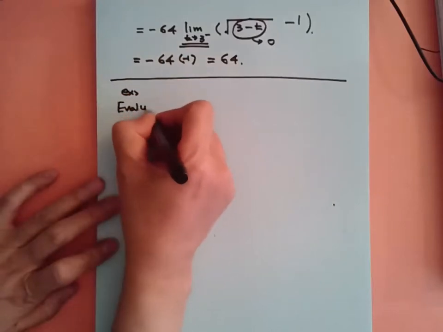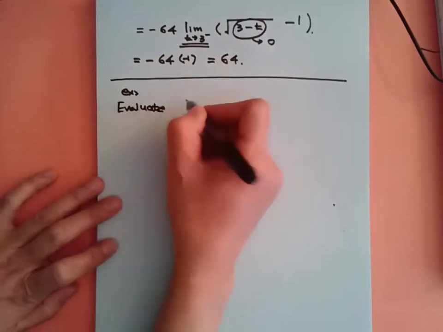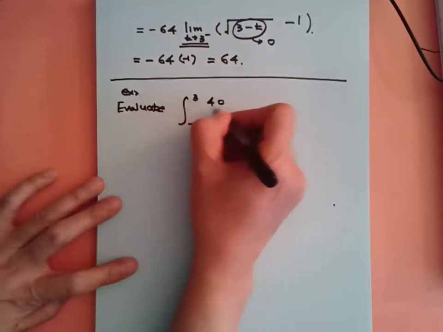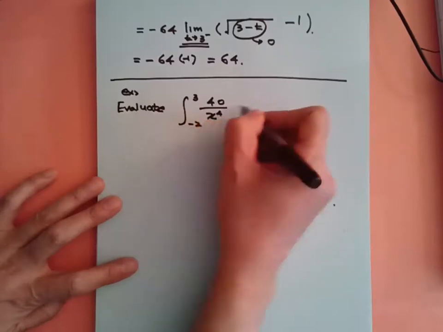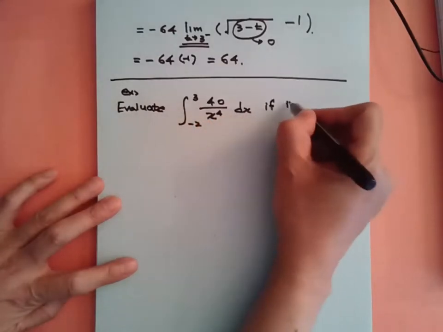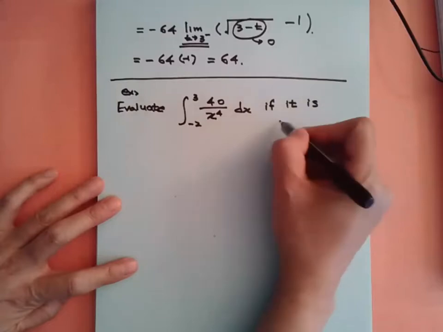Evaluate the integral from minus 2 to 3 of 40 over x to the 4th power dx, if it is convergent.